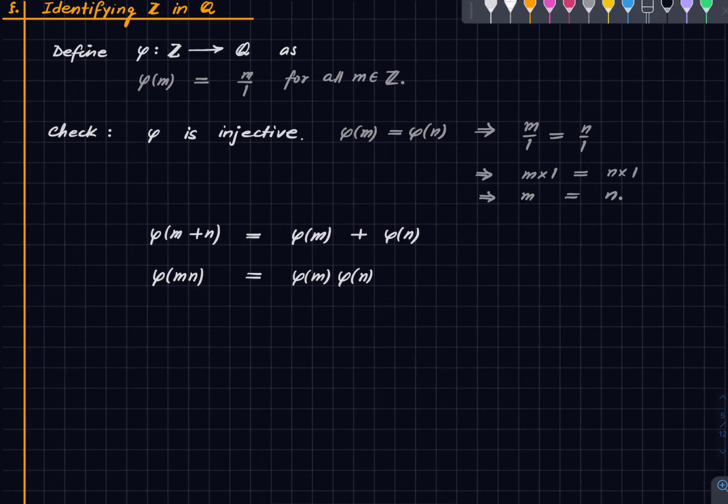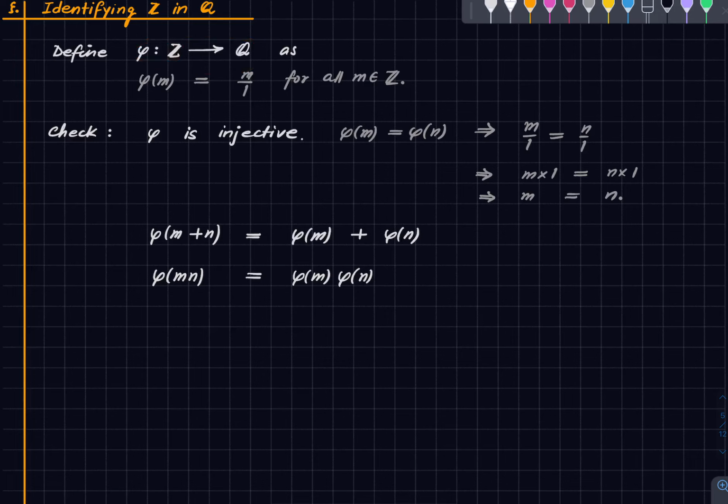But there is more. So if you want to add two integers, you can just take the images and add. And then whatever is this guy, you can again think of as an integer because it is the image of an integer. So this map phi not just identifies the integers in rationals as point by point. The identification respects the addition. So as far as addition goes, this identification is perfect.